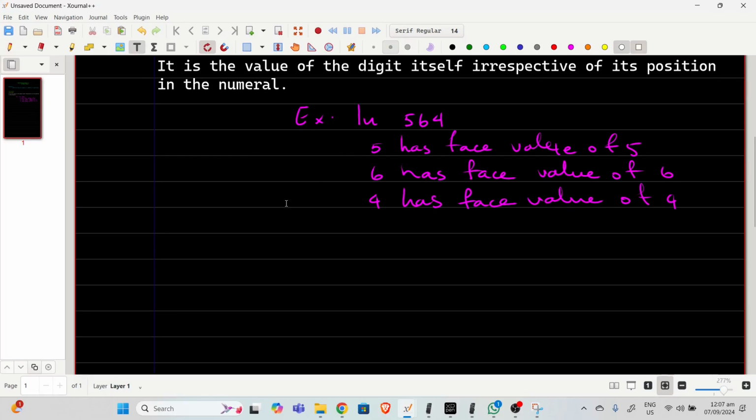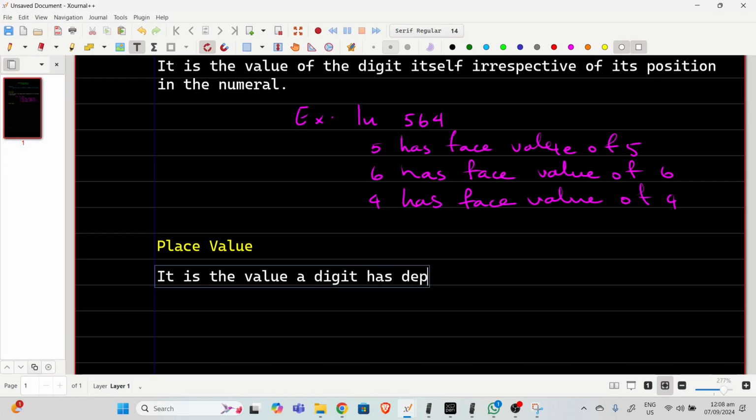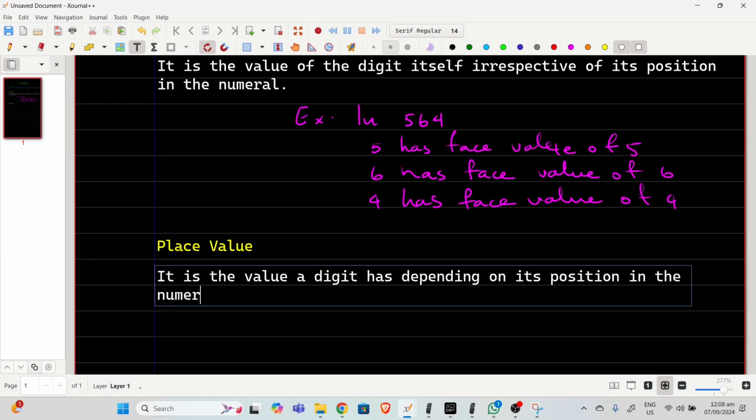Next, we want to talk about something called the place value, and this is probably what you mix up with the face value. The place value is the value a digit has depending on its position in the numeral.